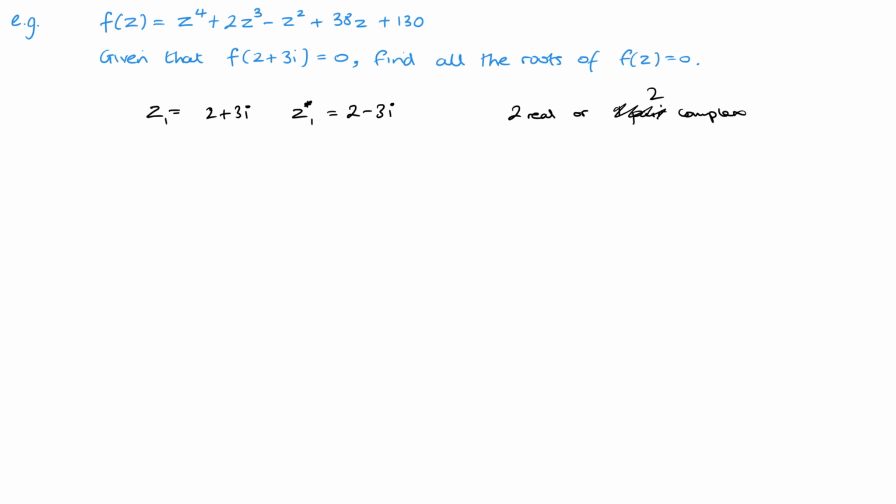So the first thing is to take our pair here and write it as a quadratic so that we can get one of the main factors.